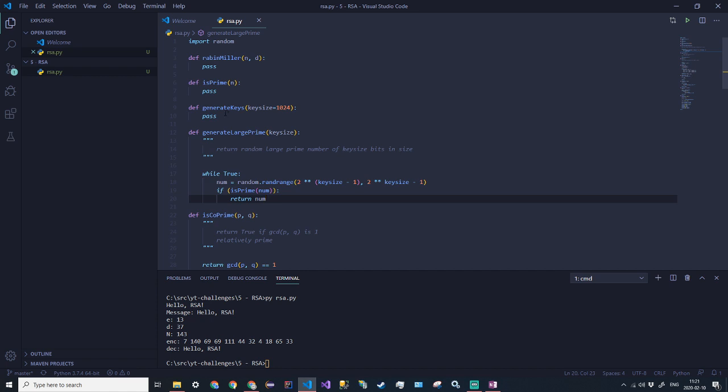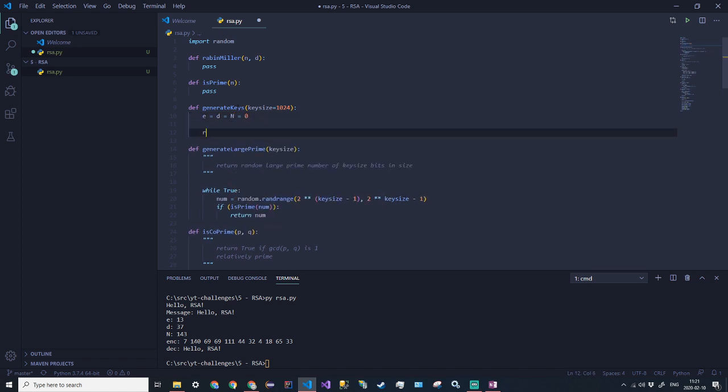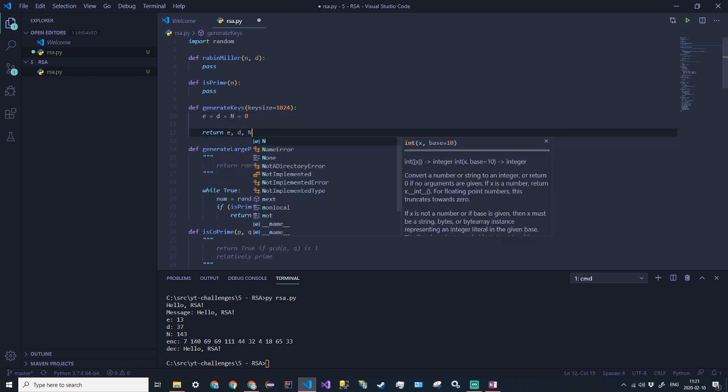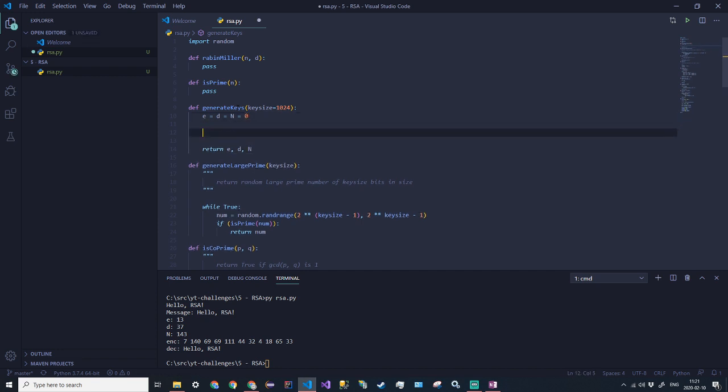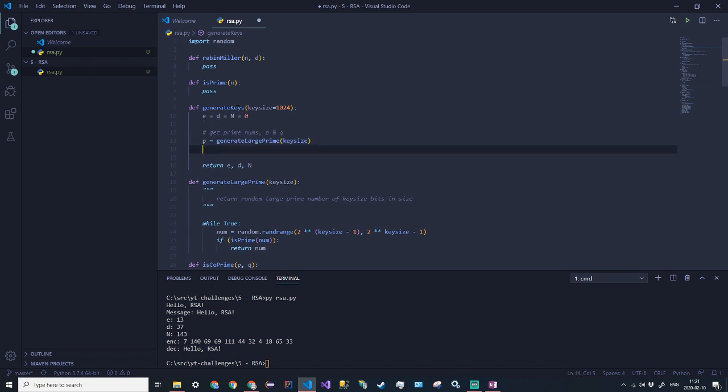Okay, so that's generate large prime, and now we're going to go ahead and generate the keys. We'll initialize E, D, and N to 0, and at the end we will return E, D, N. The first step is get prime numbers P and Q. So P is equal to generate large prime key size, and Q is equal to generate large prime at key size as well.